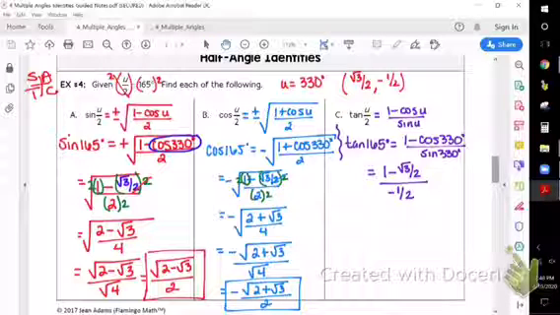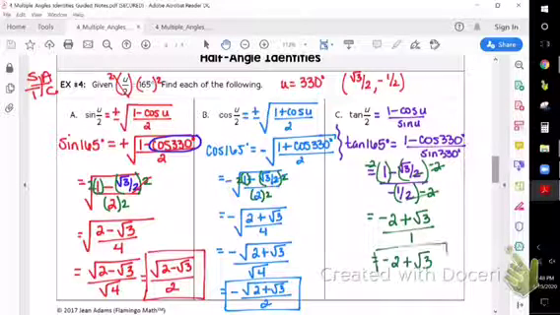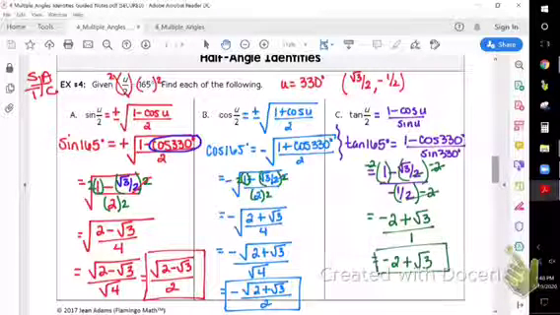Don't like these fractions, so I'm going to multiply by that denominator. Now, I'm going to be careful, though, because notice the only other thing I have in the denominator here is a negative 1. So what if I multiply by a negative 2? That way to make that negative cancel out as well. So when I do this, I get negative 2 plus square root of 3 all over 1, which is just negative 2 plus the square root of 3. And that is tangent of 165 degrees.